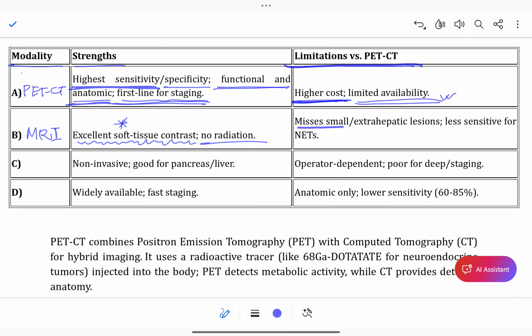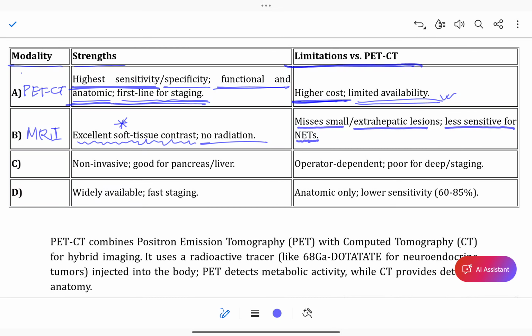It misses small extrahepatic lesions and is less sensitive for neuroendocrine tumors.